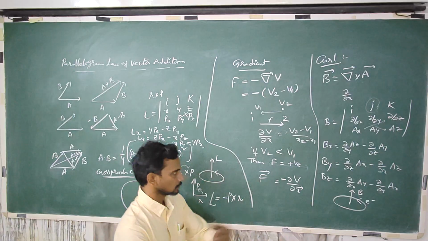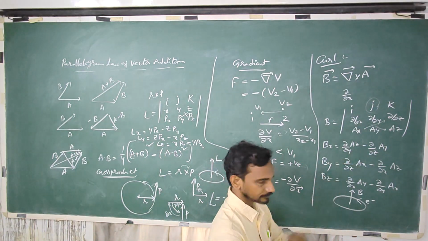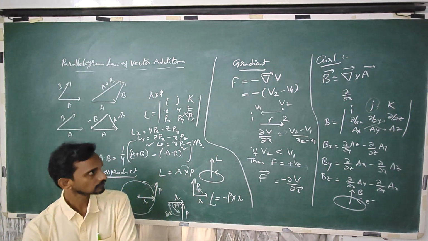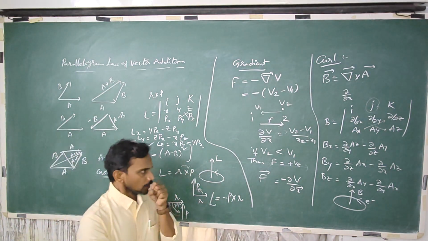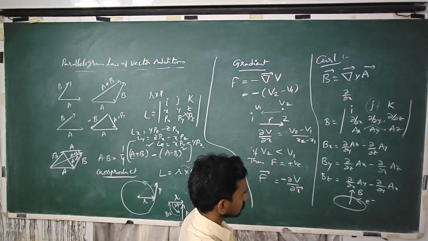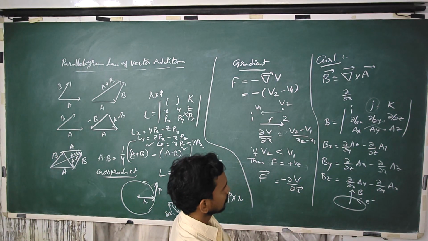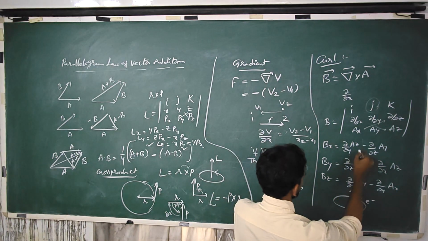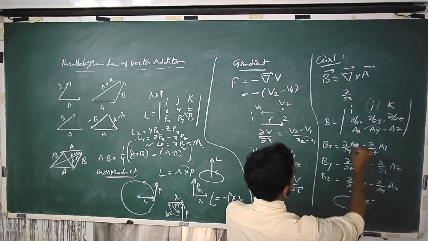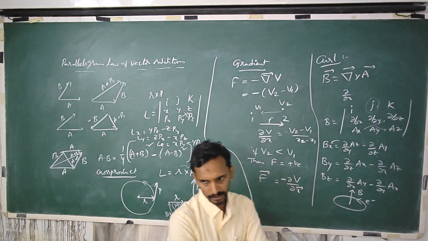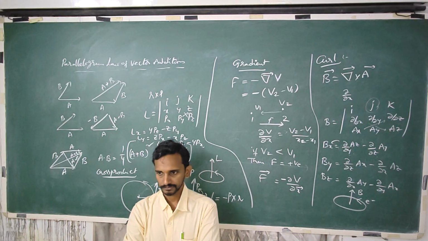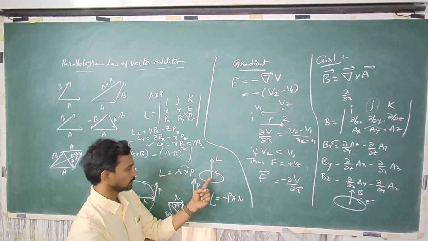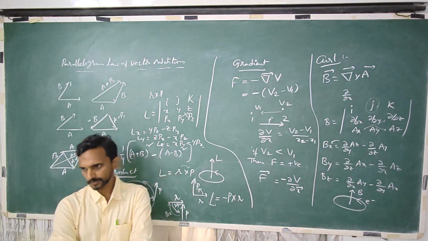That is what we get from this. So the vector potential is varying in the yz plane, and it gives a contribution to the x component of the magnetic field, just like your r and p varying in the xy plane will give a contribution to the z component of angular momentum.